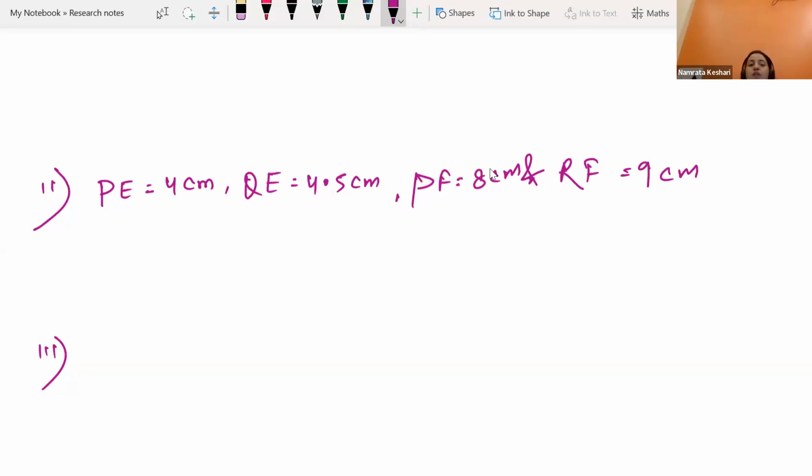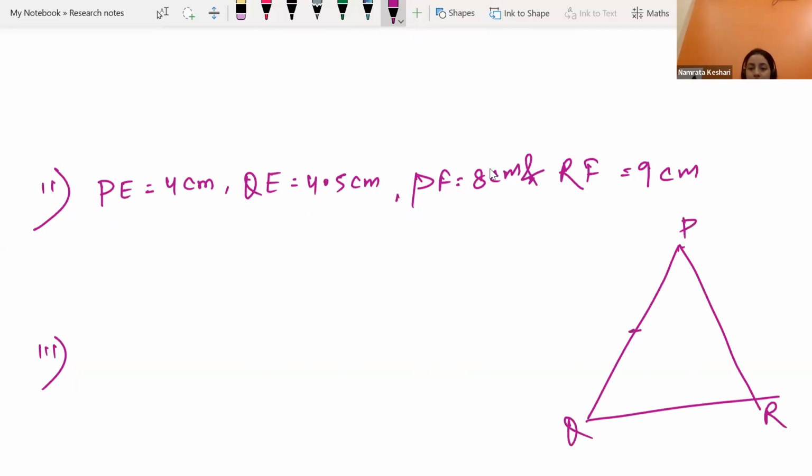Now tell me, is this line EF parallel or not? We have the same triangle PQR and EF is there. Based on this information, please tell me whether EF is parallel to QR or not.